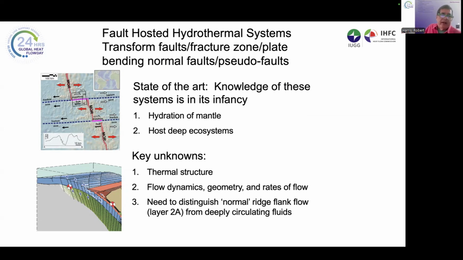And I think there's a lot that can be learned there, especially in terms of serpentinization, hydration of the mantle, deep ecosystems, and also these plate bending normal faults would be an ideal target to go after with heat flow data to try to understand if there is hydrothermal circulation impacting subduction zones and serpentinization and hydration of the mantle.